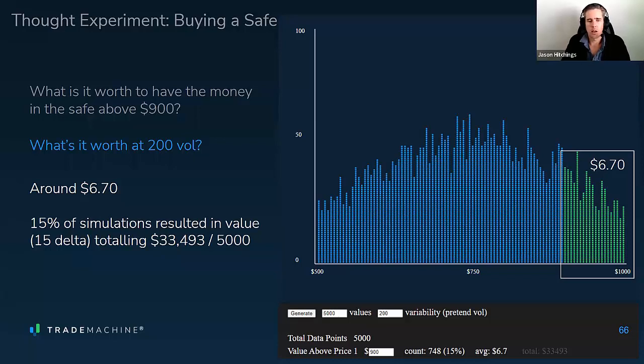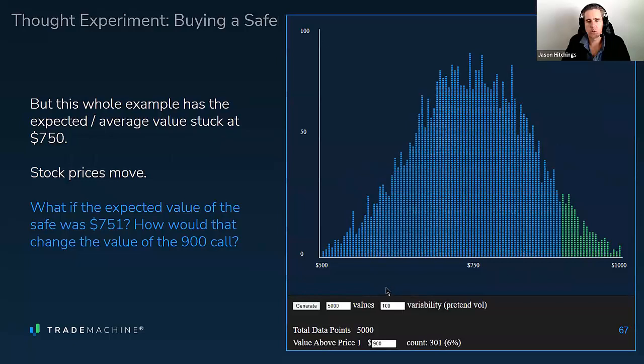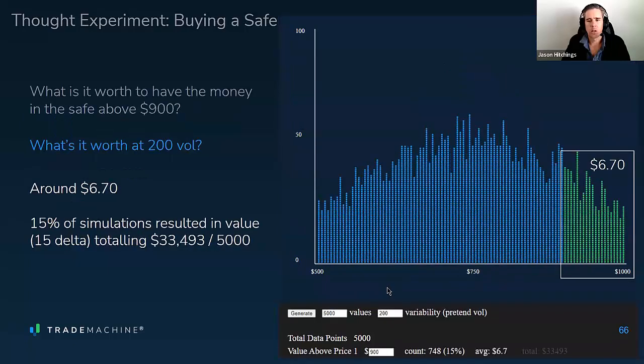At 100 vol, you have like $2, and at 200 vol, you have $6.70. So now we're starting to develop an intuition about the way that our assumptions about how the underlying value will vary are impacting the value of our options, especially when they're out of the money. You can see they're having a pretty dramatic effect.